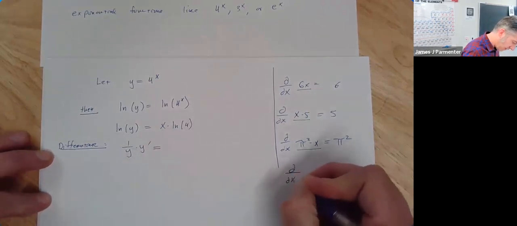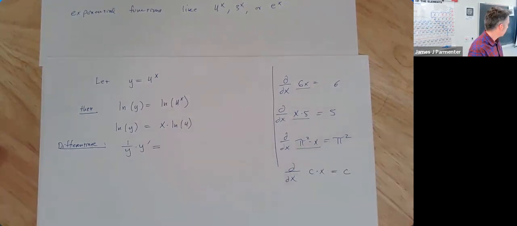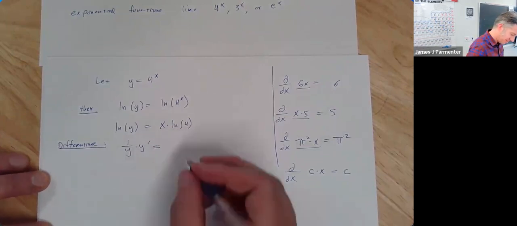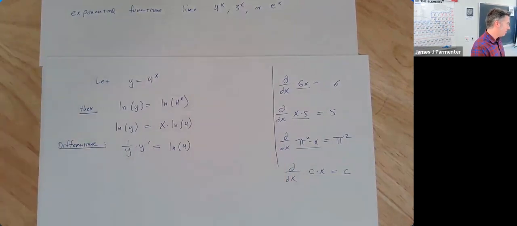The derivative of a constant times x is just the constant. So what's the derivative of a constant times x? Right, it's just the constant, natural log of 4, which is approximately 1.4-ish. But that's not the point. The point is it's a constant. And so when you have a constant times x, the derivative is just a constant.